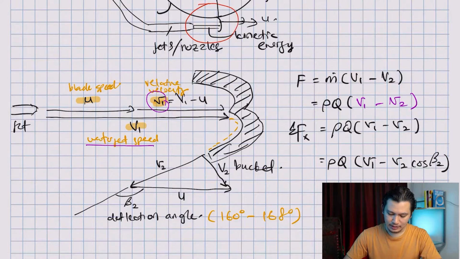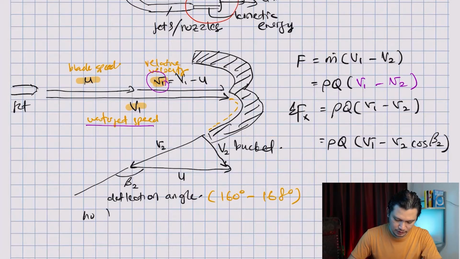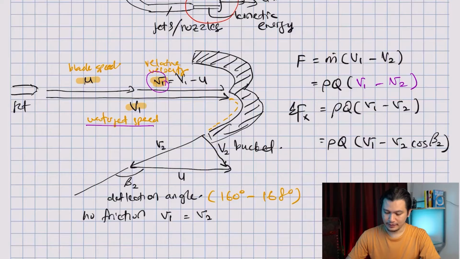Now one important assumption that we need to make is that the blade has no friction. When the blade has no friction, that means v1 equals v2.